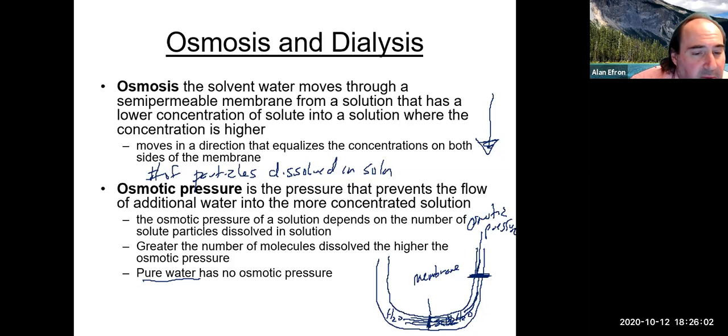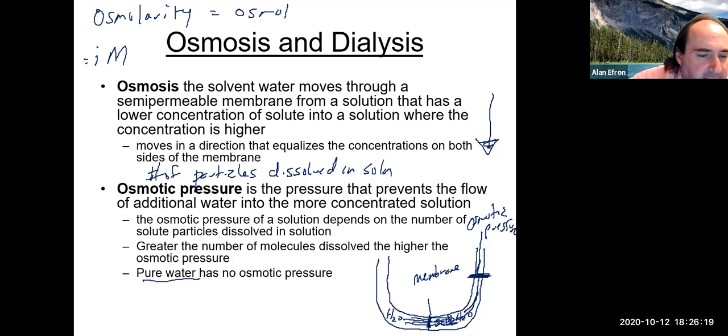One way that we represent osmotic pressure is the osmolarity of a solution, sometimes referred to as osmol. That is basically i times the molarity. And what is i? i is the number of particles in that solution.